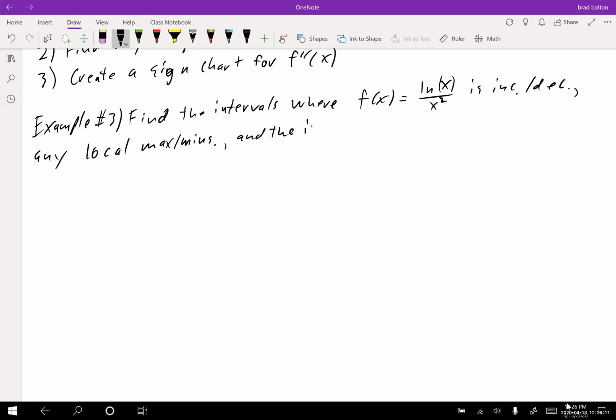Not the end. I still got one more thing to ask. Any local mins or maxes, intervals of concavity, and points of inflection.